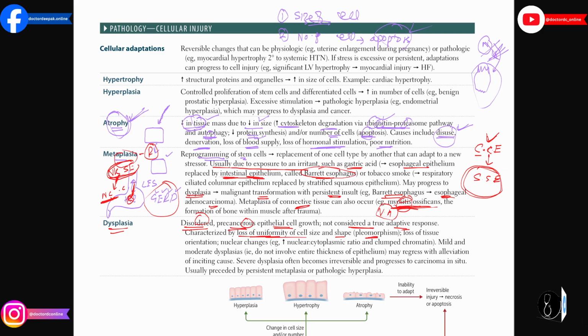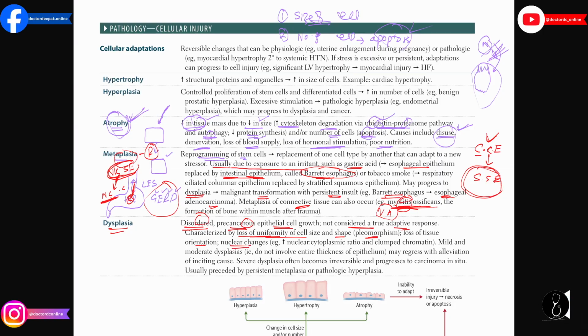They can ask you a question, how can we characterize dysplasia? Dysplasia is characterized by the loss of uniformity of cell size and shape, which is called pleomorphism. And in dysplasia the tissue orientation will also be lost, and there are also some nuclear changes.